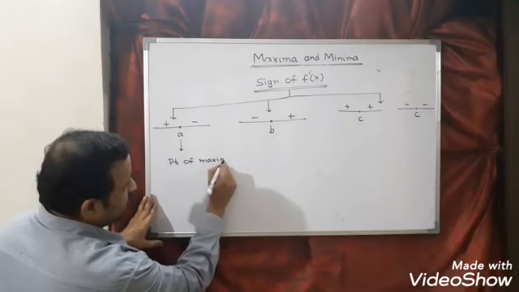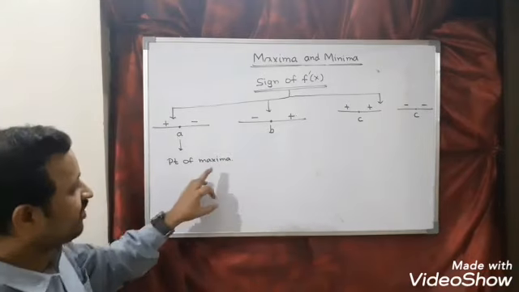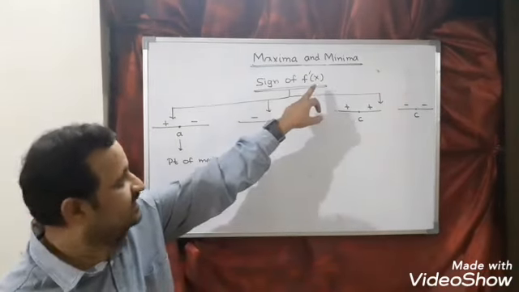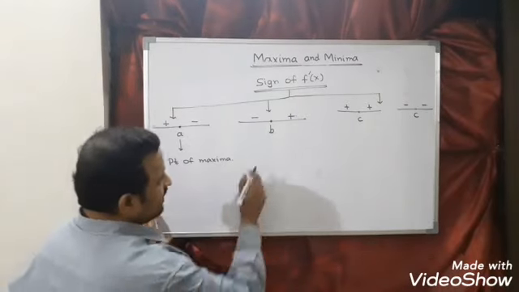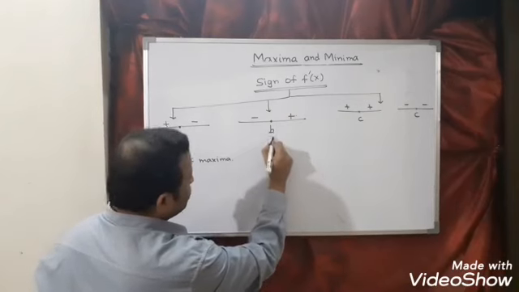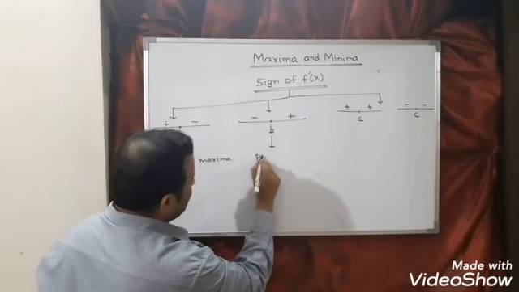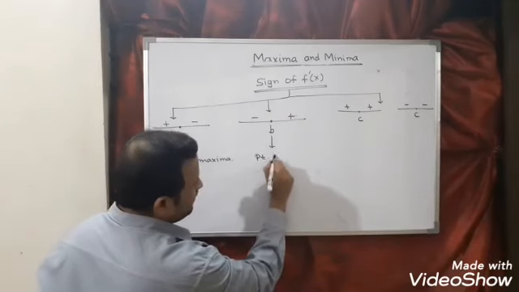So remember, how to get maxima? For maxima, f dash x should change its sign from positive to negative. Now negative to positive, this point is said to be point of minima.